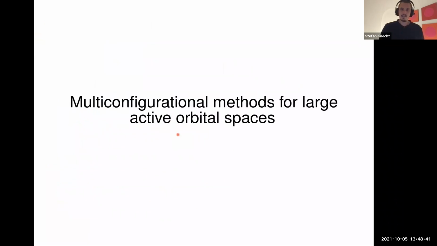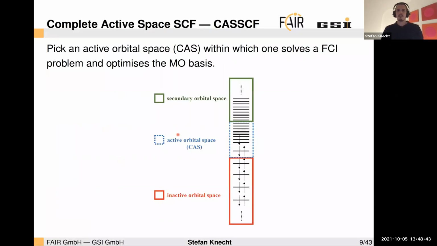And as Uli was talking about, one way that quantum chemistry is attacking this problem is the so-called complete active space self-consistent field approach, where you essentially divide your molecular orbital space into three different sets.